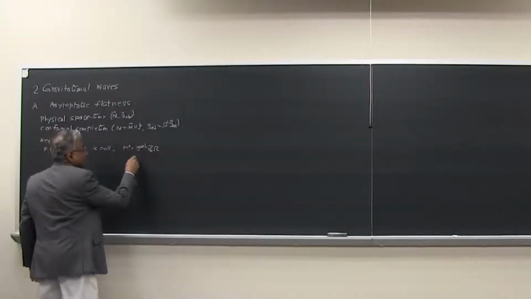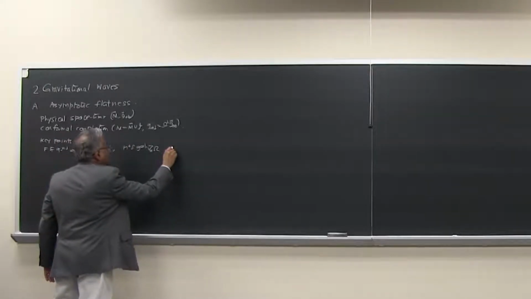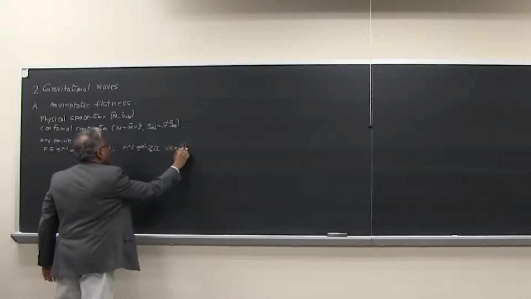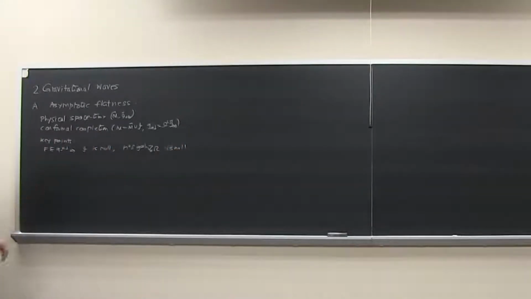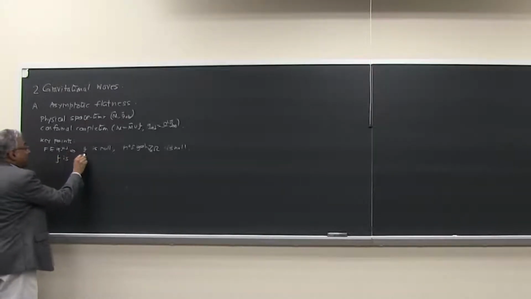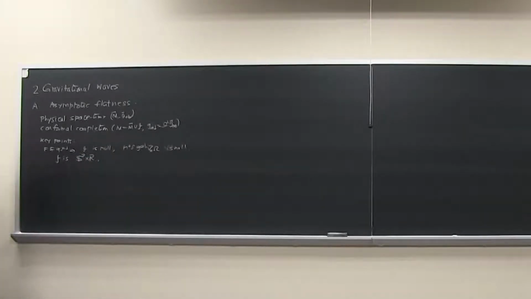So this at Scri is a null normal. So this is null. This null normal is a null vector field up here. The topology of Scri is S2 cross R. That is one of the key points that we learned.